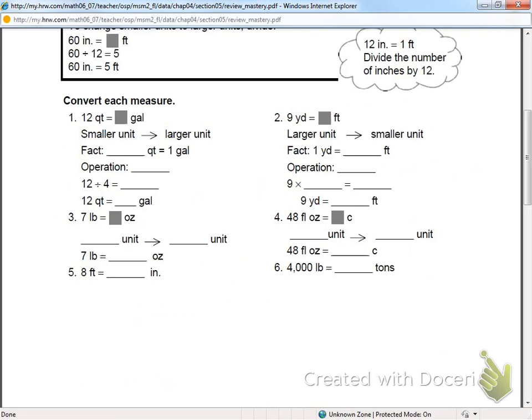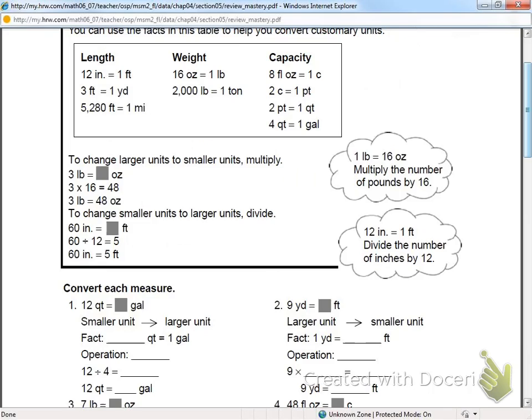Okay, now looking at the first one we have 12 quarts equal how many gallons? Well, quarts are smaller, gallons are larger. So how many quarts equal a gallon? Look up above. Looking at my chart, I can see that there are 4 quarts in a gallon. So I'm going to write 4 as my fact.